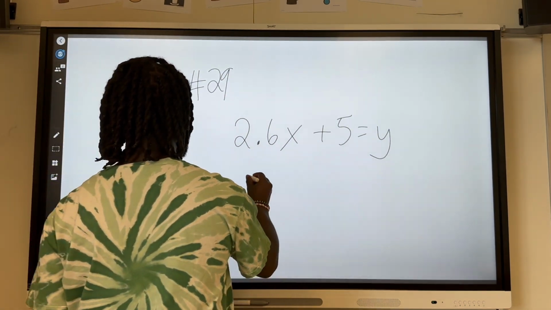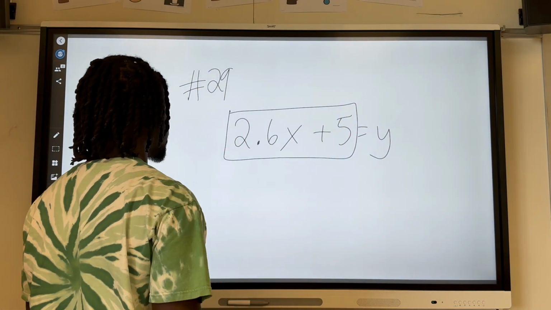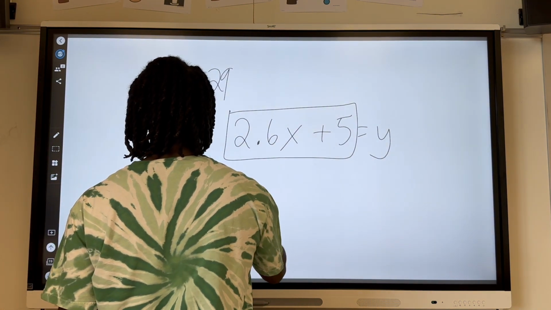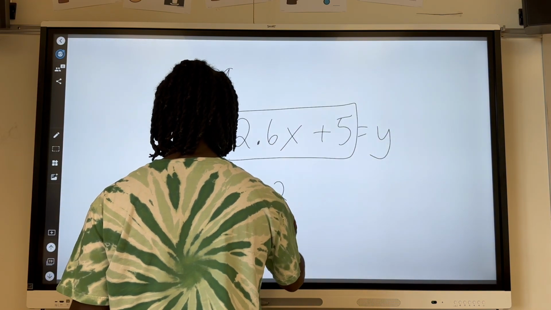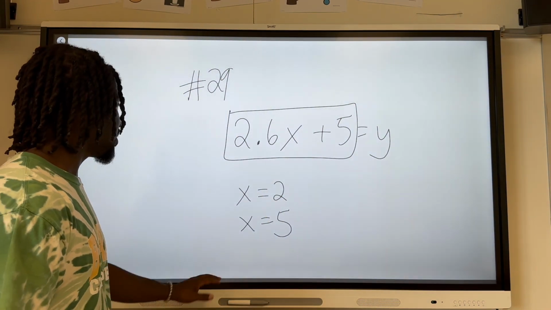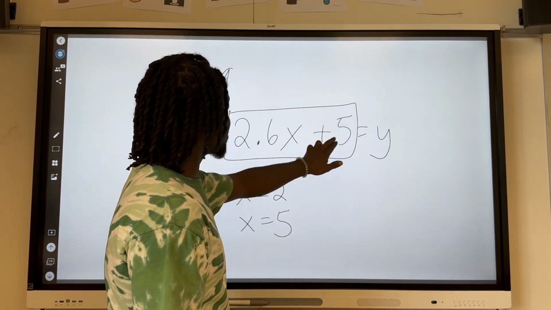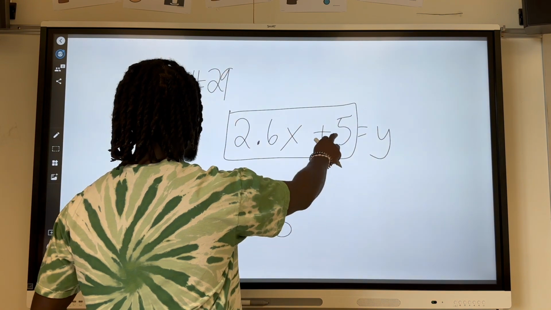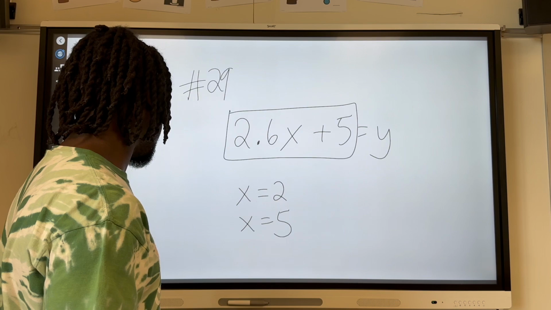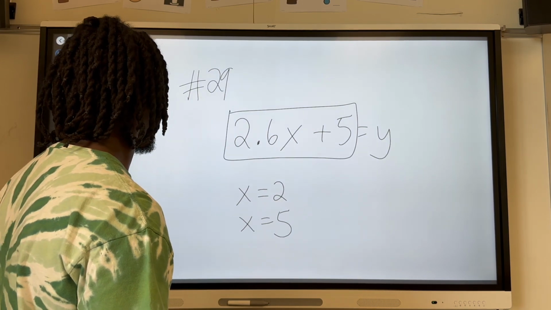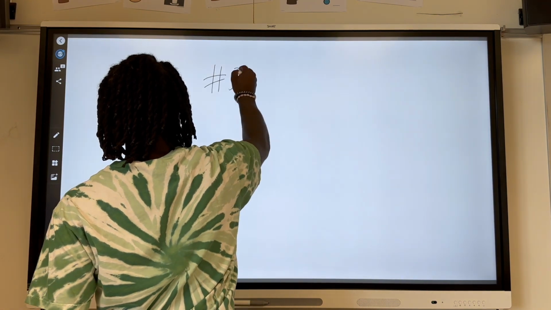What I would do is put this part in decimals right here, and then put x equals 2 and then x equals 5, and you got to make sure that it equals the y that are in the tables. So plug this into decimals, 2.6x, put x equals 2, x equals 5, and then figure out which one matches the correct y's. All right, moving on. Question number 30.